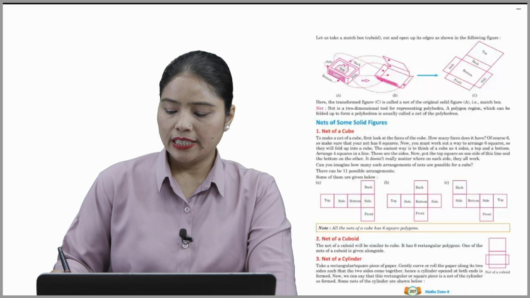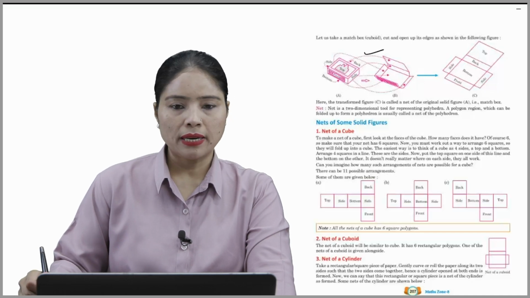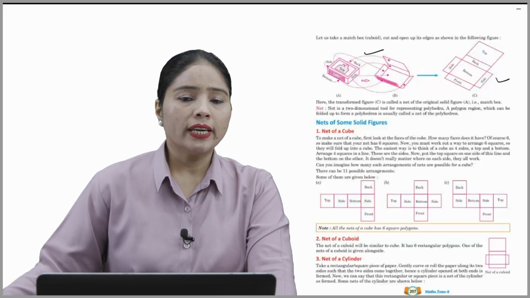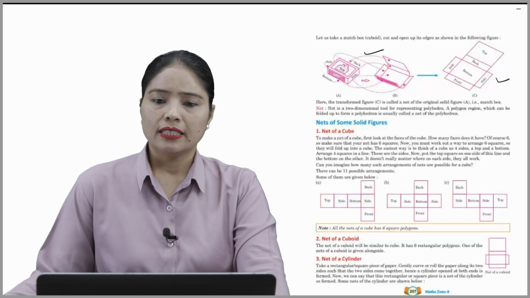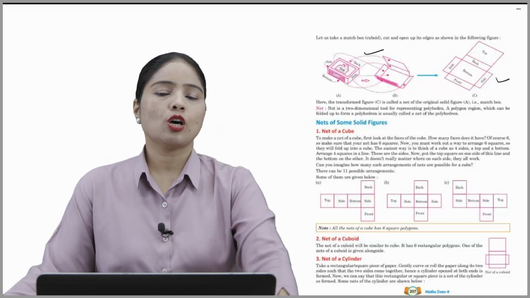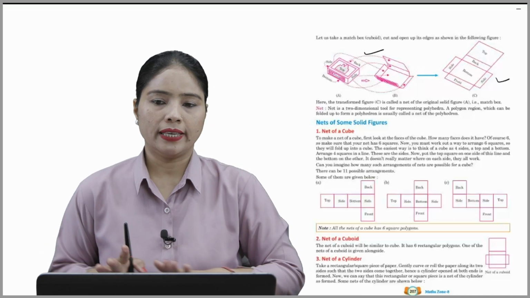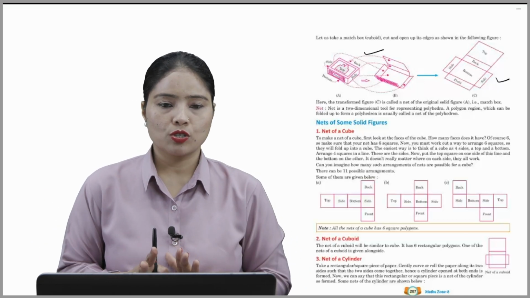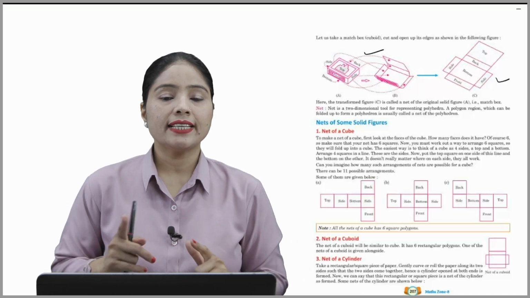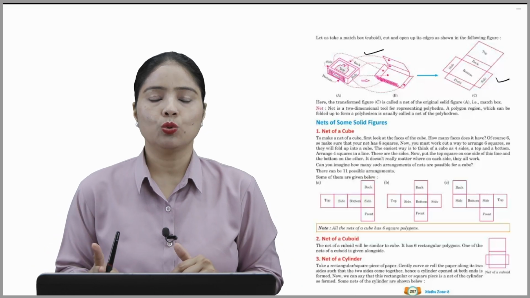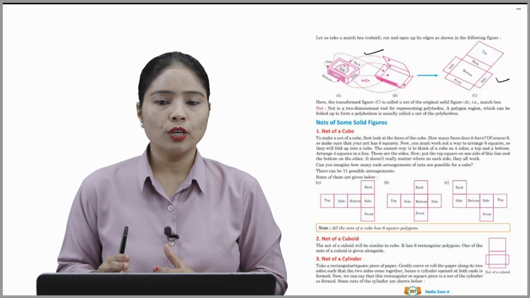Like that one, ये हमारा match box है और इसको खोलने के बाद हमें ये shape मिलती है. So here the transformed figure C is called a net of the original solid shape. तो इसको हम इसका net बोलते हैं. That means match box. Okay. So net क्या है? Net is a two-dimensional tool for representing polyhedrons.